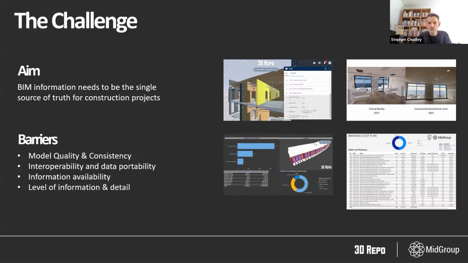It doesn't need to be available just to me. It needs to be available to everybody in the site team. Everybody from the construction guys, from the site guys, from the guy on the gate to the project leader, the commercial manager. We all need to have access to that information. The other barrier that we see is level of information and detail.